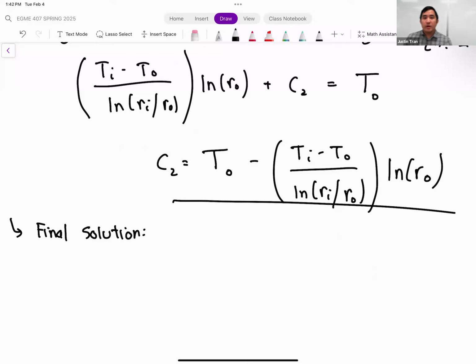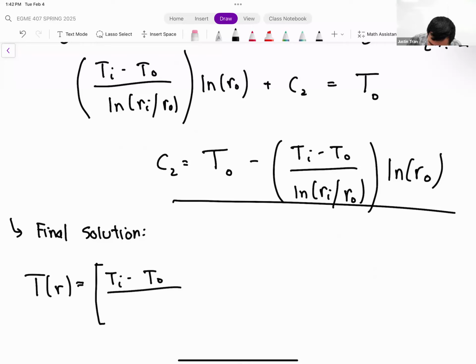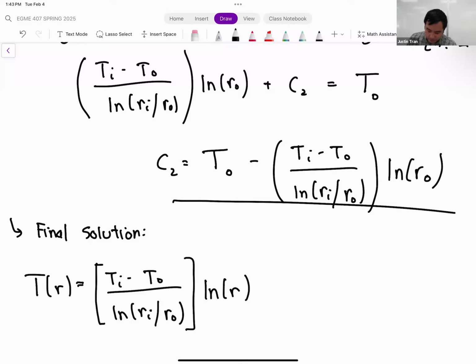So this is the final solution for a hollow cylinder with fixed temperatures at the inner and outer radius. T of r is equal to Ti minus To divided by ln of Ri divided by Ro. So we have C1 times ln r, plus C2.